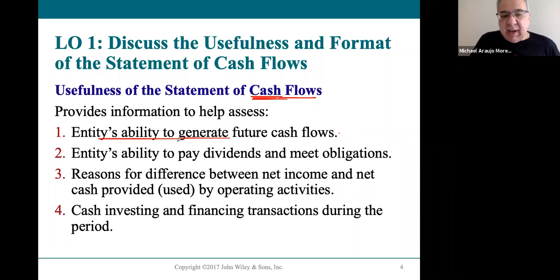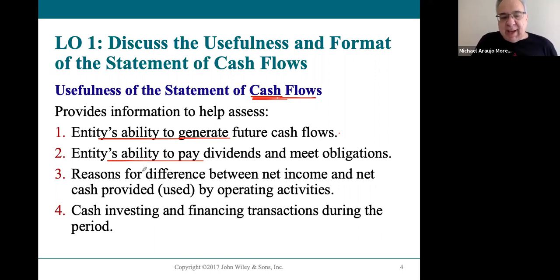Another thing that the statement of cash flow allows us to look at is the issue of cash dividends. Are they able to pay them? Do they have enough cash flow to help pay them?